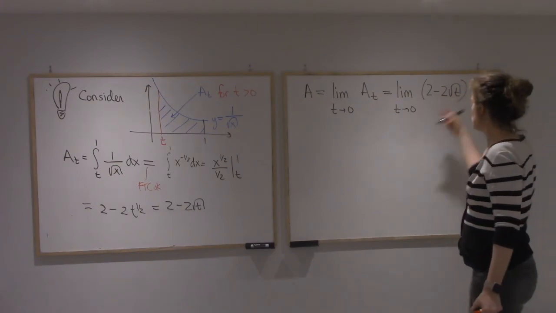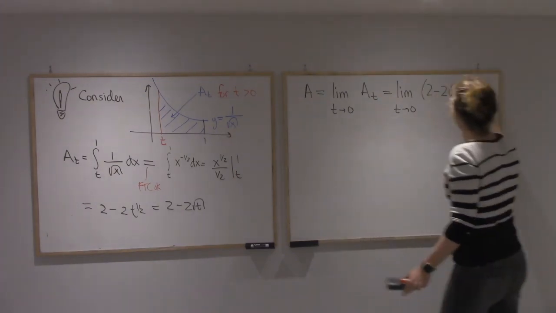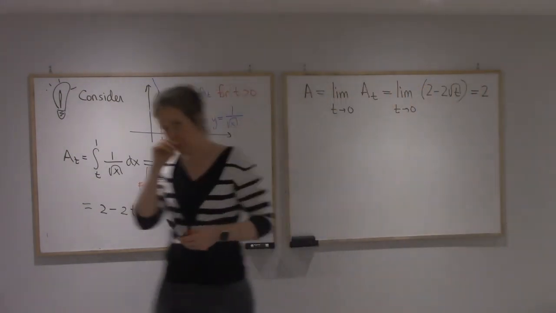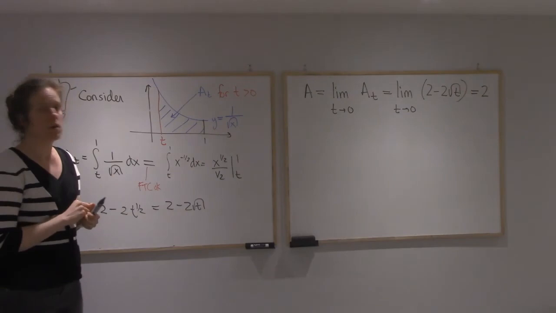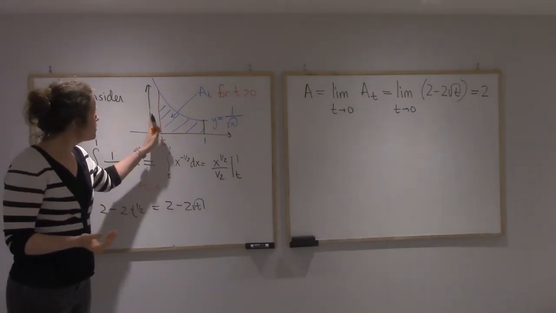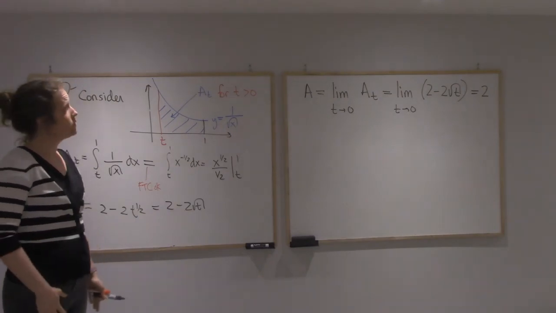And then that's 2 minus 0, so it's 2. So I want to say that the whole area from 0 to 1 is equal to 2.